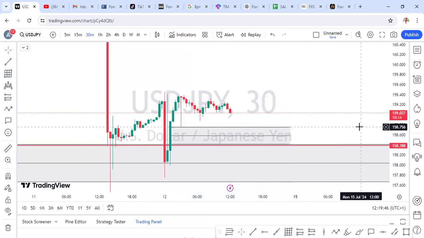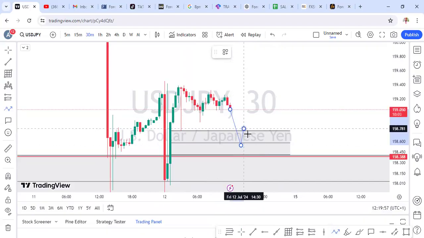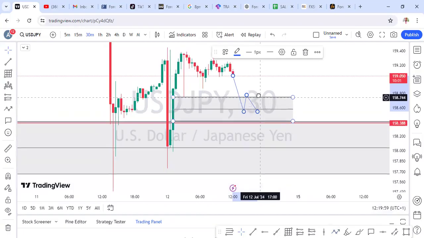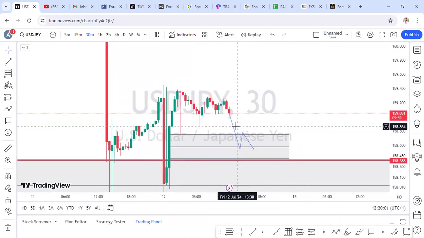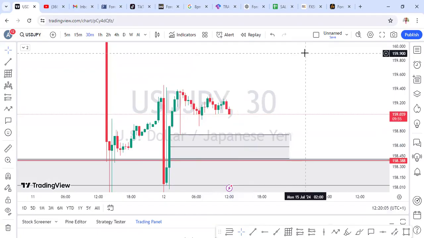So from here now, we'll look for what? A buy opportunity from this region if price comes back here. So all eyes on UJ as price is coming. There's news, and I'm not in any trade.